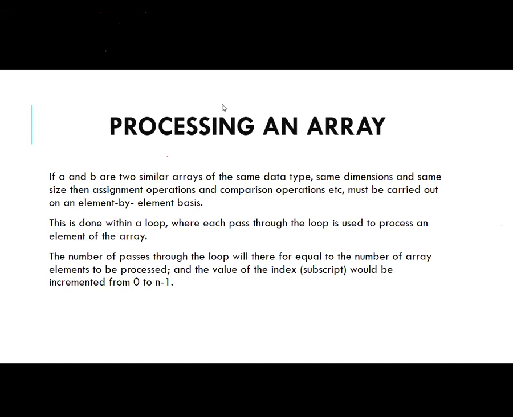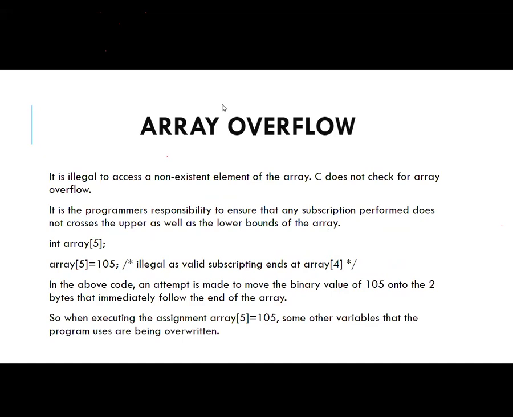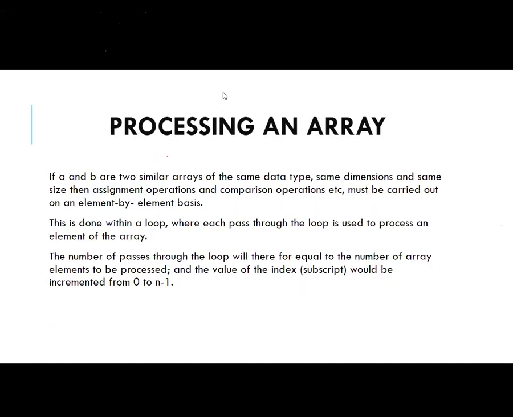Now you have to see that after you have declared an array, initialized an array, and seen how you are accessing the array elements, you should be able to process an array.